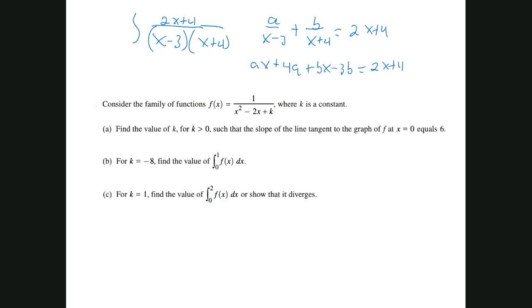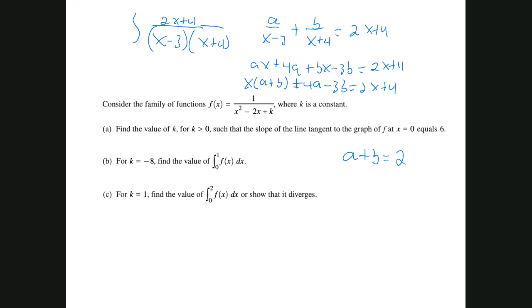Okay, so then I brought my x's together. So then I ended up with x(a + b) plus 4a - 3b is equal to 2x + 4. So now I know a + b is equal to 2, right?